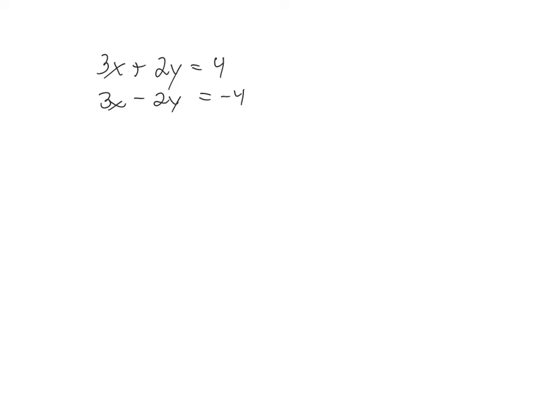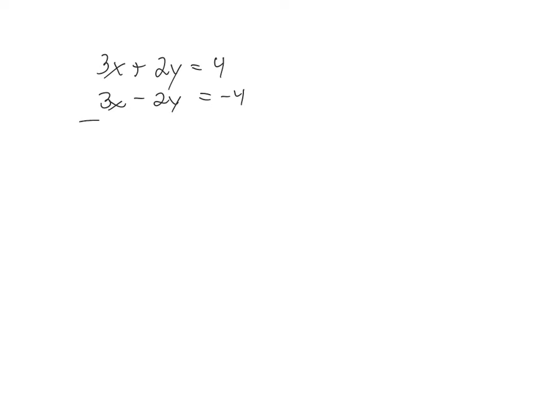Okay, so the first step is again get them to line up. So see how the x and the y and the equal sign, the numbers, they all line up.